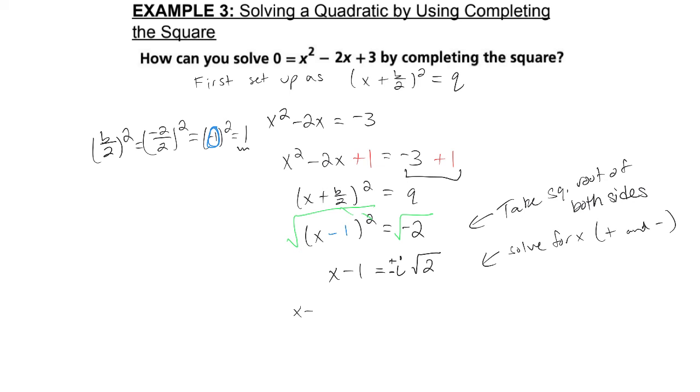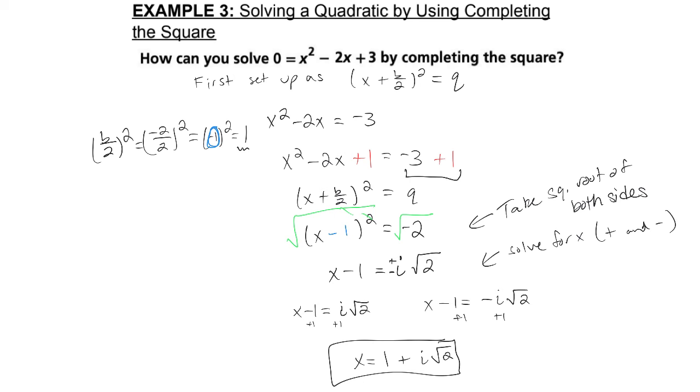So we get x minus 1 equals i square root of 2, and x minus 1 equals negative i square root of 2. We have to add 1 to both sides. x equals 1 plus i square root of 2, and then x equals 1 minus i square root of 2.